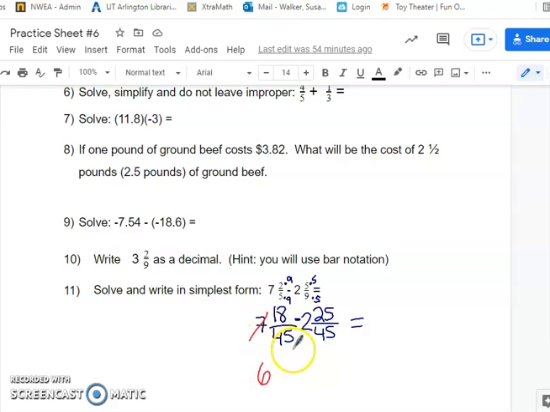That 1 that I got, I break it into 45 pieces, and I already had 18. So basically, remember, we add these. You probably remember me telling you that. 5 plus 8 is 13. Carry the 1. 4 plus 1 is 5 plus 1 is 6. 63.